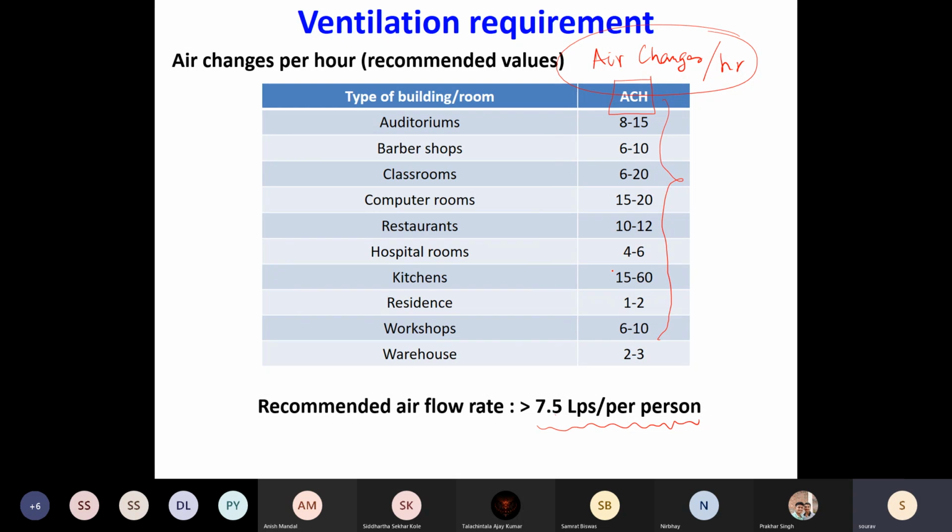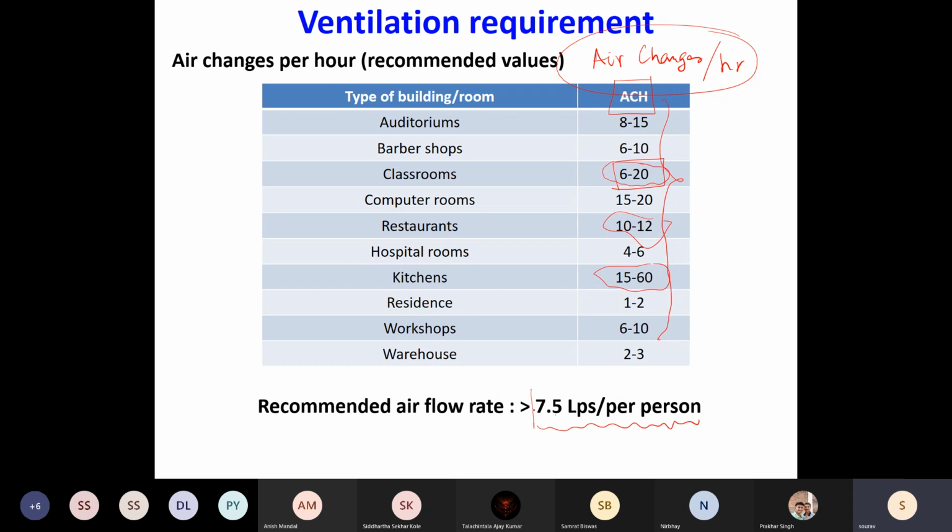So you see over here in kitchens and restaurants, a huge amount of ACH is required. Similarly in classrooms also there's a huge variation depending on the size of the classroom. So this range is created based on the human density inside the room.